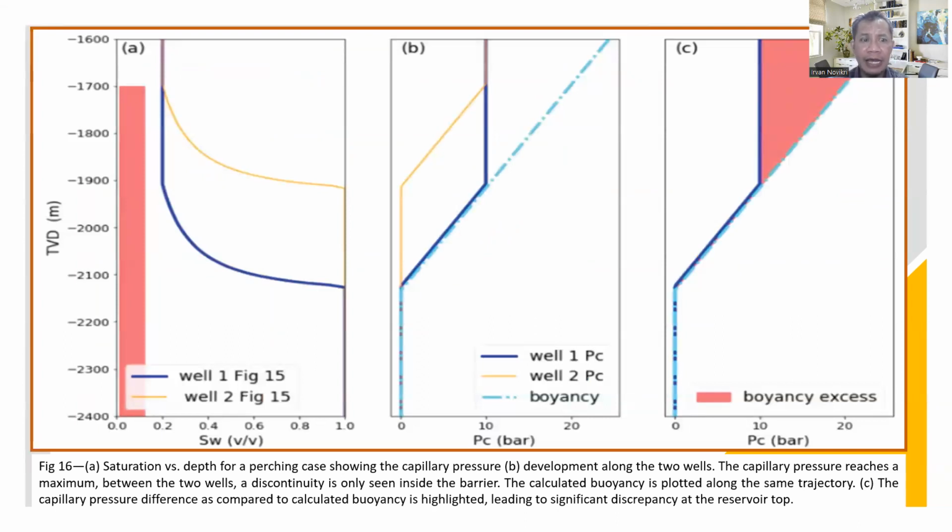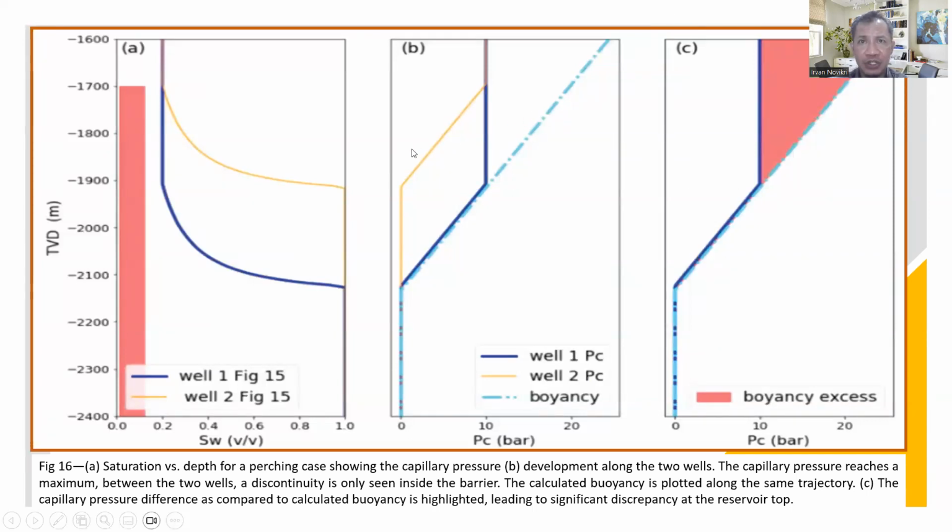So again, these figures: graph A shows the variation of water saturation along the depth in the perching case with the development of capillary pressure, while B is along these two wells.